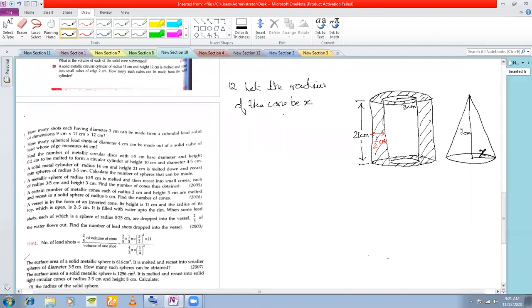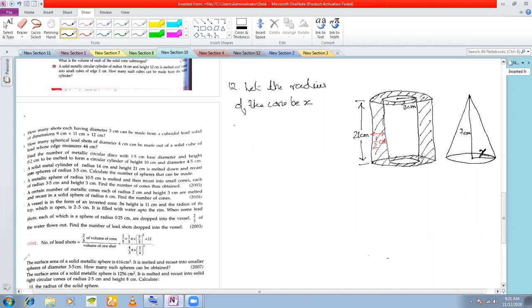Now, first of all, we'll find out the material with which the hollow cylinder is made. If you see, I have shaded the part in the cylinder. That part is your material. That material is actually melted and then formed into a cone. So how will you find out the volume of the shaded part? For that, you need the internal radius and the external radius.